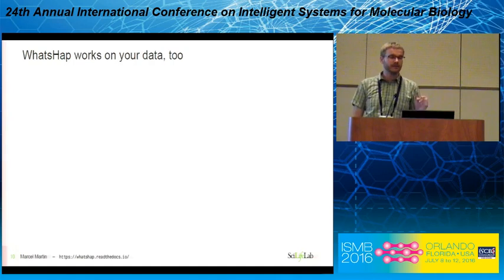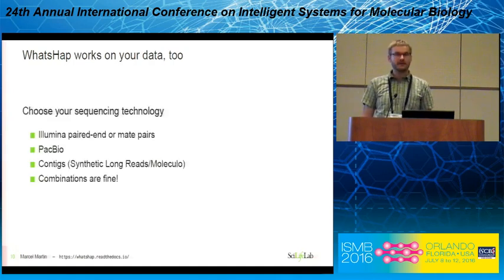WhatsApp will probably work on your data too. We do support quite many sequencing technologies, and we have tested the program with Illumina paired end reads. We have tested this with mate pair data. And our big focus was, of course, on PacBio reads because these are long and give you longer haplotypes.